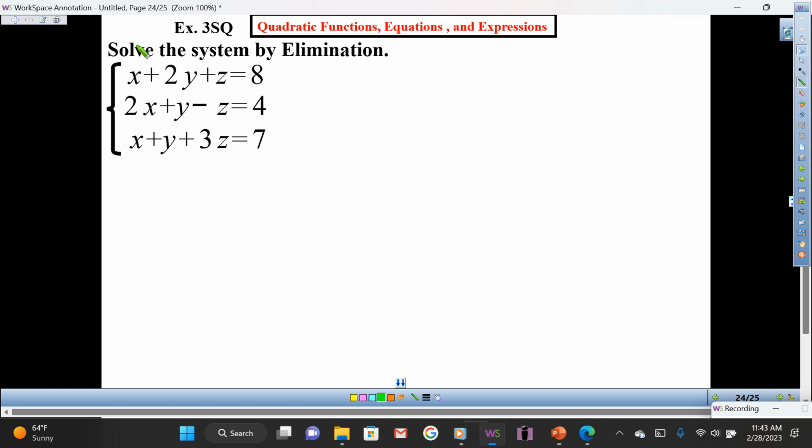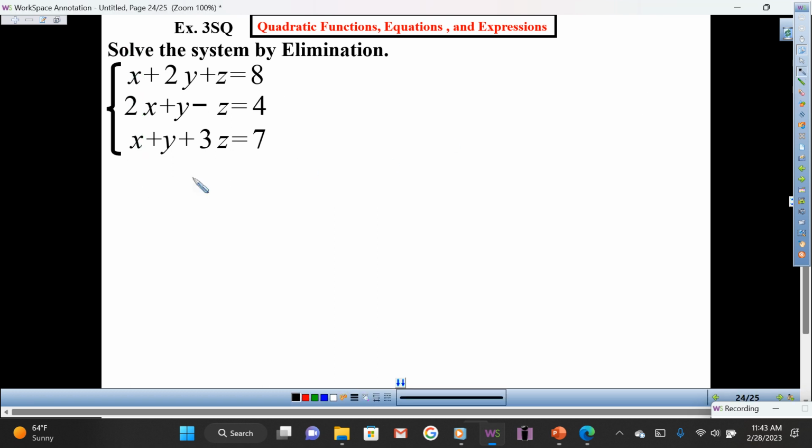Look at the x's. Can we eliminate any x's? No. However, in order to eliminate this one with this one would have to be what? Negative 2. But then this one have to be positive 2, so there's too much to do. All right, so not the x. Move on to the next one.